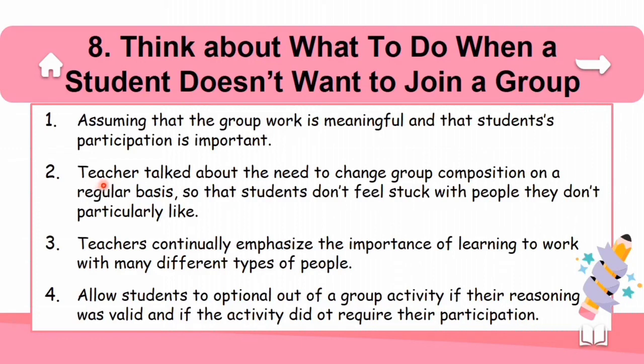And the next is the teacher needs to talk about the need to change group composition on a regular basis so that students do not feel stuck with people they don't particularly like. In this situation, the teacher needs to announce ahead of time how long the groups will be together.